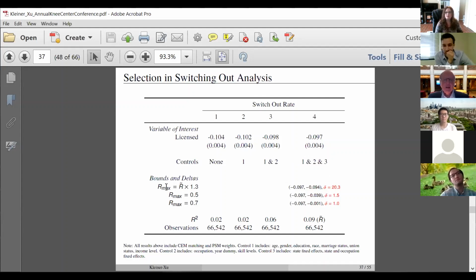And again, using the Altonji et al. method for testing how large unobservables might be in terms of their ability to switch our results, they would have to be fairly large. So we have a fair amount of confidence in our results based on at least these basic results.